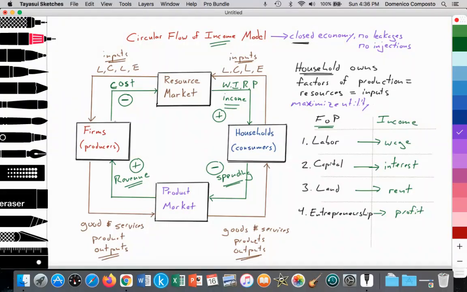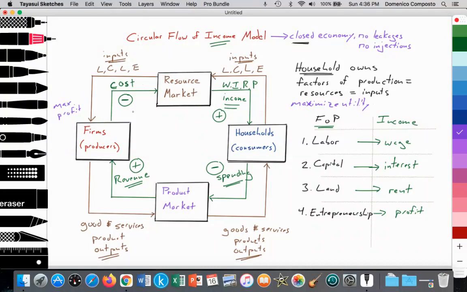On the other hand, the firm seeks to maximize profit. And it will maximize profit by acquiring these resources at the lowest possible price or cost to the firm.